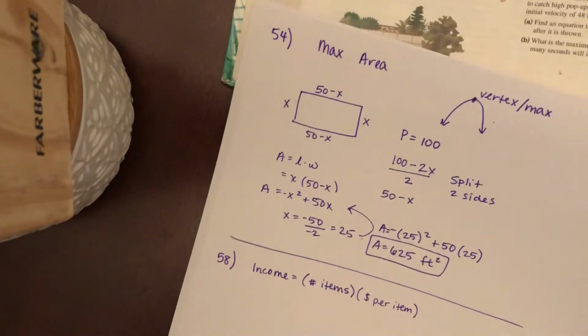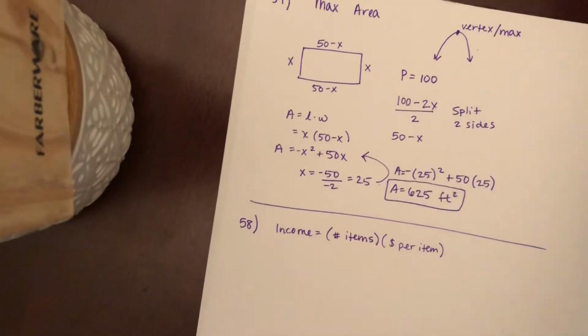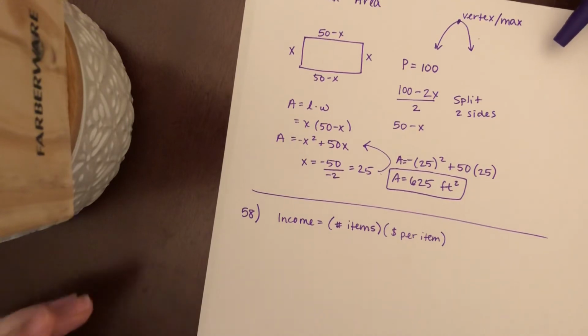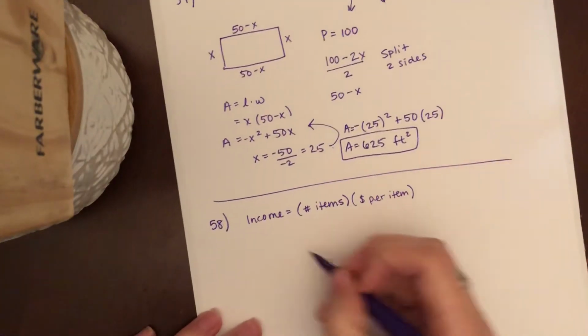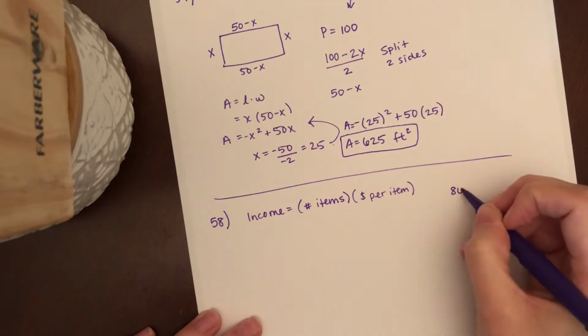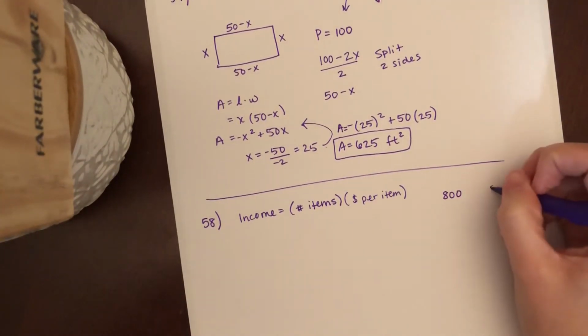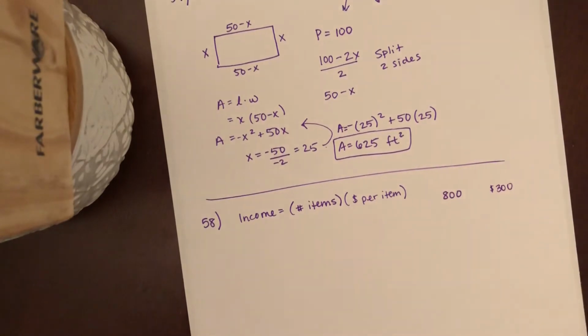Okay, so in this case, we're talking about units. The fact that there are 1,600 units available isn't necessarily relevant at this point, because all we need to know is what's happening currently. So there's currently 800 apartments being rented, and they are being rented for $300 per month.